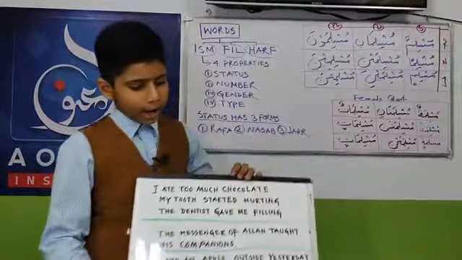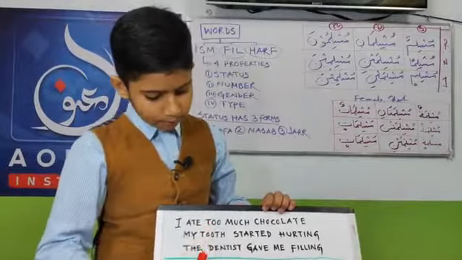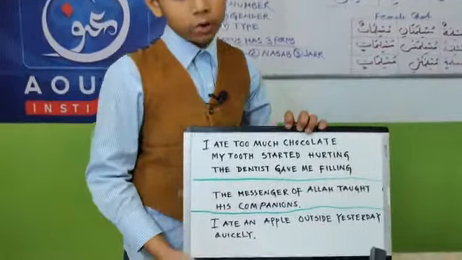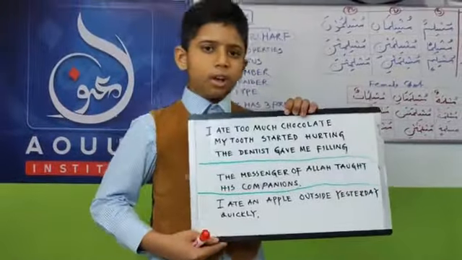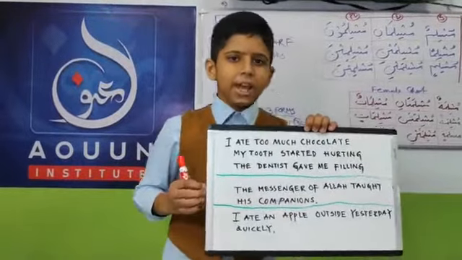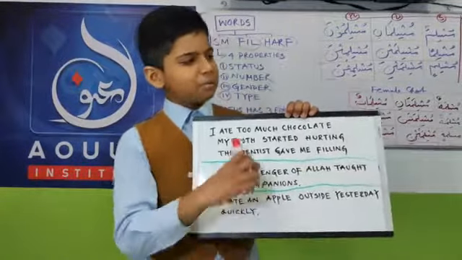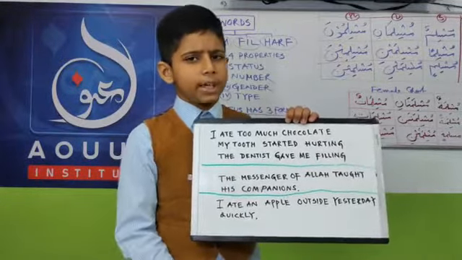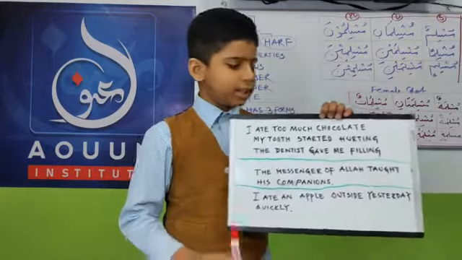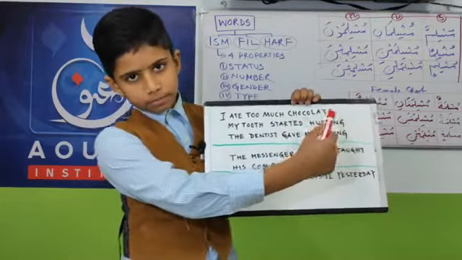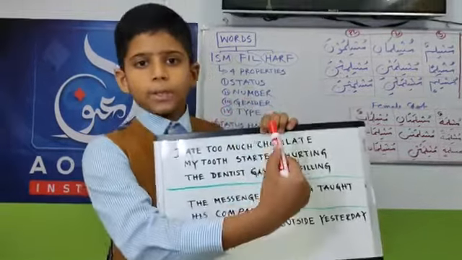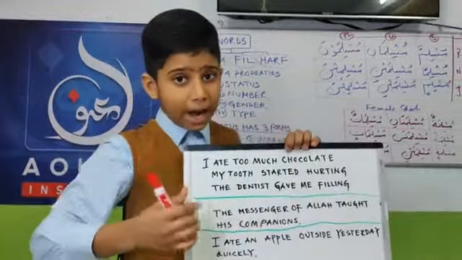So in here we have 3 examples. The first line is a true story which actually happened to me, and it also happened to my Ustad Nouman Ali. I ate too much chocolate when I was a kid, and I like sneakers. I is the doer because I am eating.